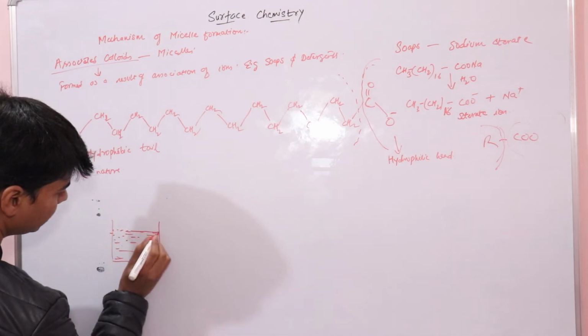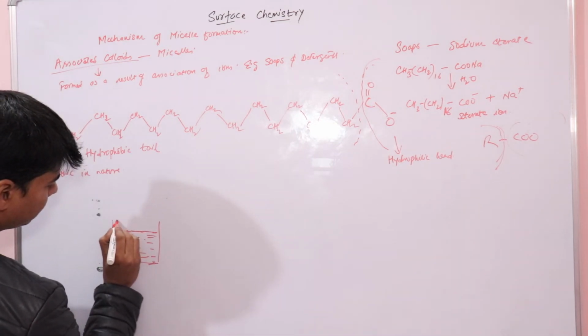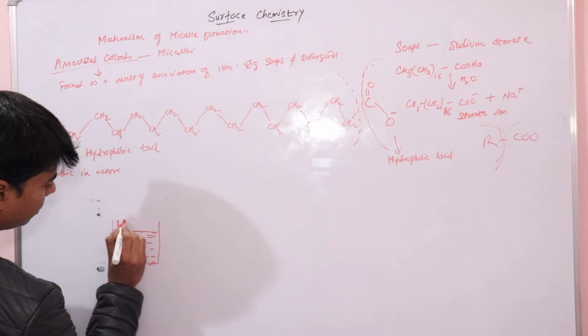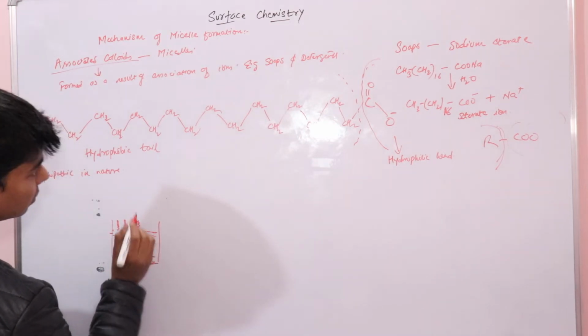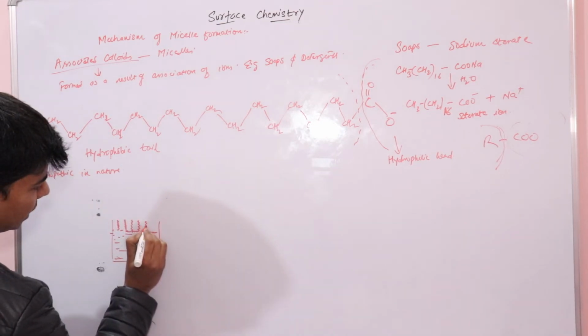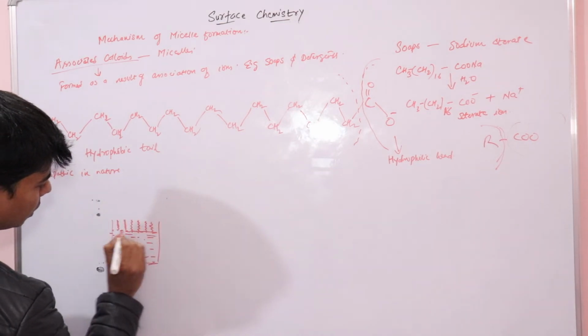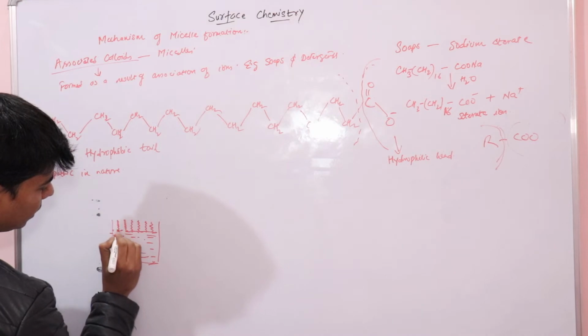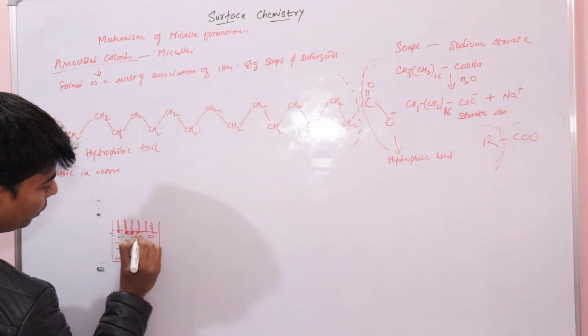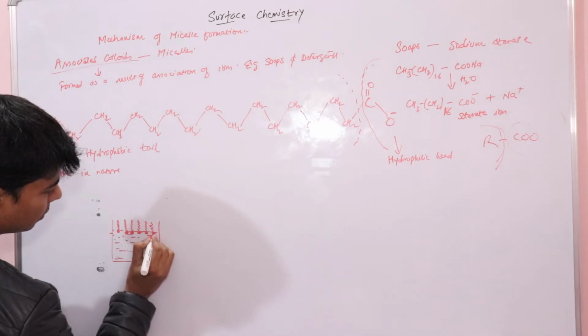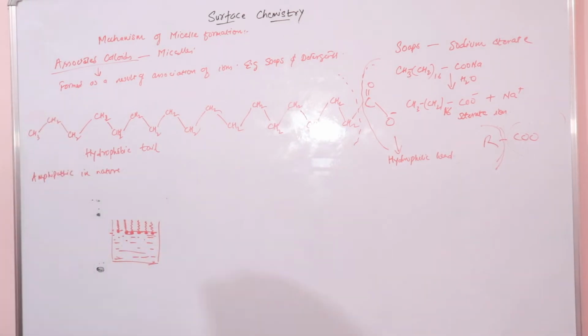Say this is the surface. This represents this long tail, so this tail will remain away from water. And this circle represents the head. It will go inside water. This is how it will behave.